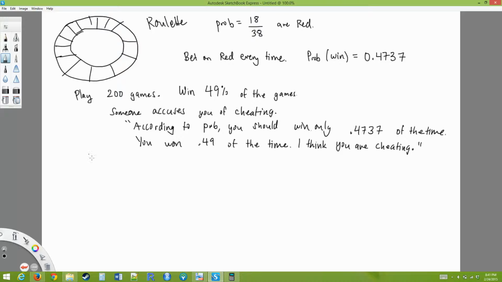All right. Okay, so let's say this happens. Can we figure out the probability of winning 49% of the time or more if the probability of winning is 0.4737? Let me change this question. Let's say you play 200 random games. The probability of winning is 0.4737, which is exactly the scenario we're facing.